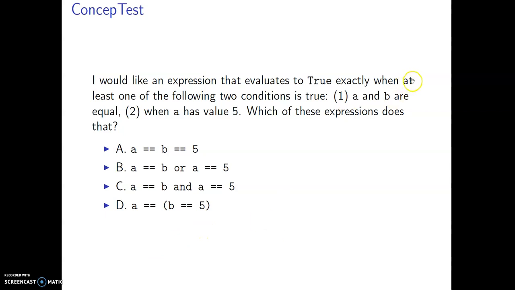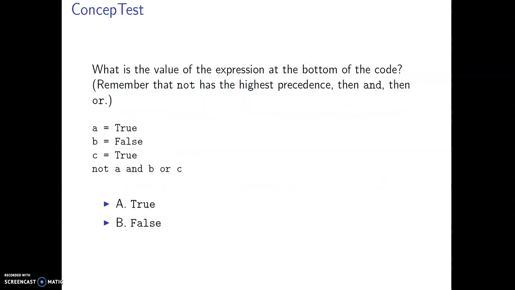Remember, I said at least one is the key expression. So we know C is not correct because that requires both to be true. This is doing an overall expression that is not relevant here, and it's equivalent to A, so B has to be our correct answer here. And notice the use of the or operator.